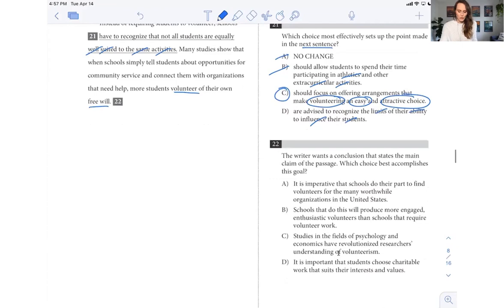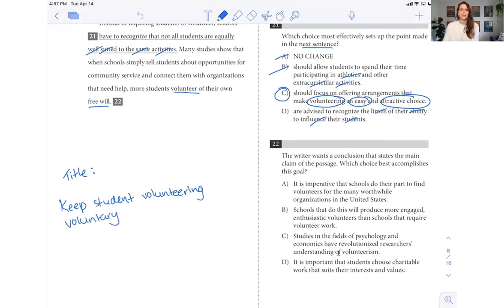And then 22, the writer wants a conclusion that states the main claim of the passage. Which choice best accomplishes this goal? So main claim, what was our main claim? Think back about our title. So our title was keep student volunteering voluntary.